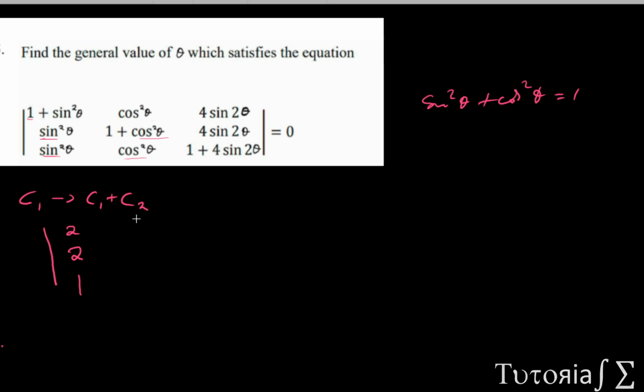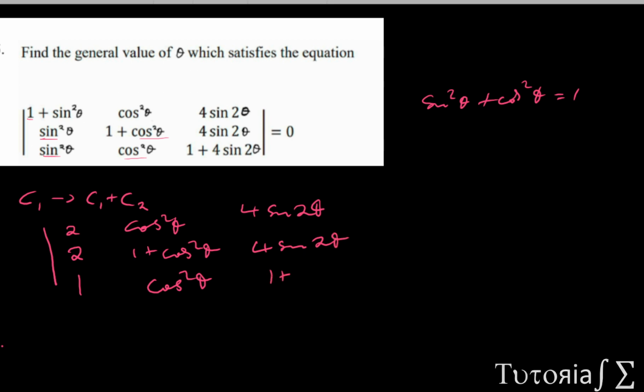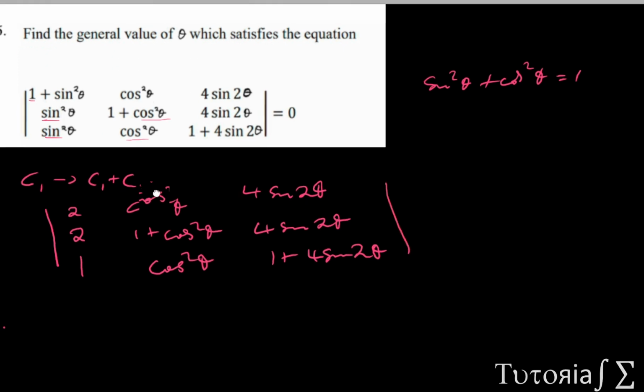Everything else remains unchanged: that is cos squared theta, 1 plus cos squared theta, then cos squared theta, then 4 sine 2 theta, 4 sine 2 theta, and 1 plus 4 sine 2 theta. All right, so we have that. Now we can move on.